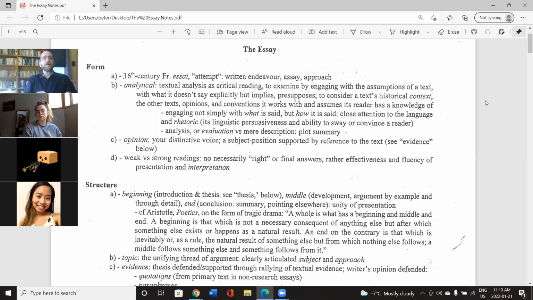Those are historical and generic contexts that help us read the poems within a certain literary history.